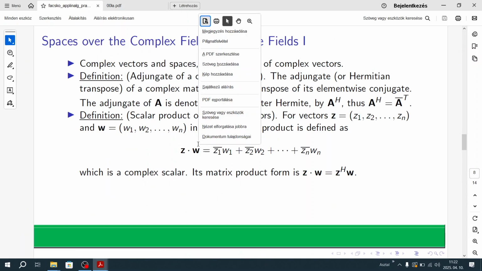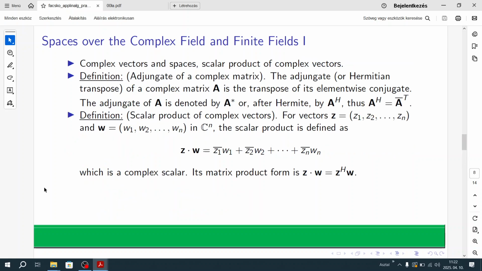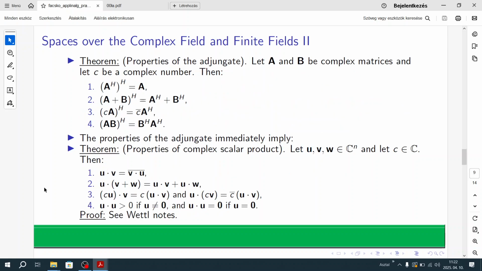Okay, this scalar product has properties of the conjugate. If you do the Hermitian transpose twice, you get the same matrix. If you do the Hermitian transpose of a sum of two matrices, then you get the sum of the Hermitian transposes of the elements.